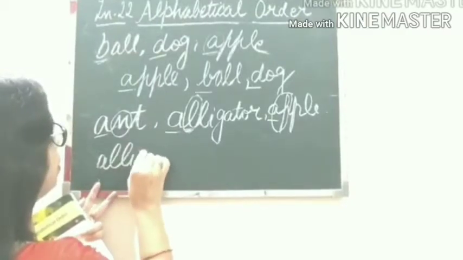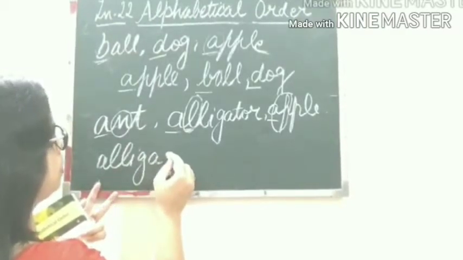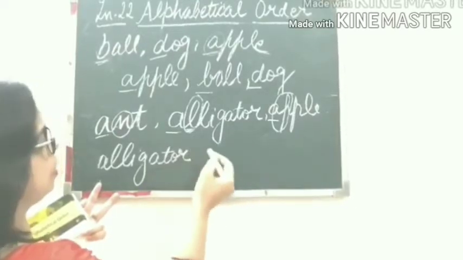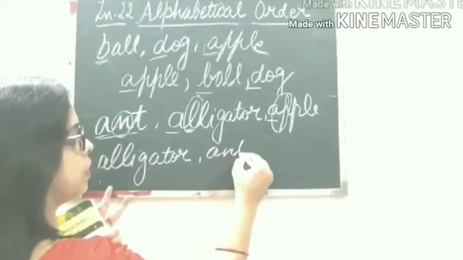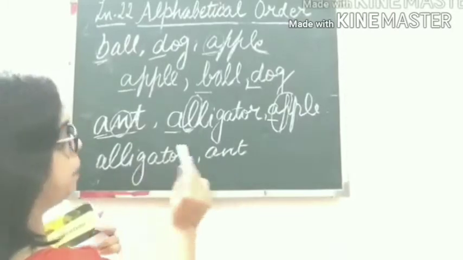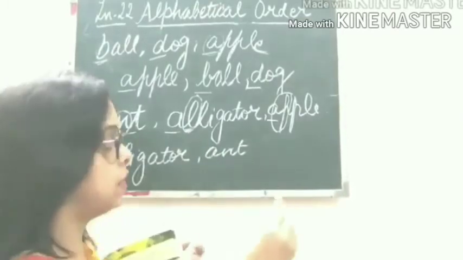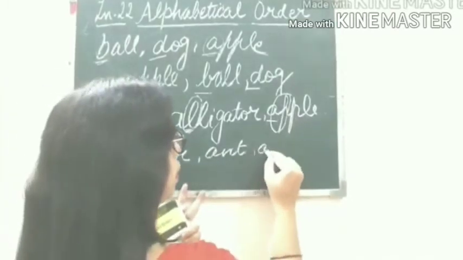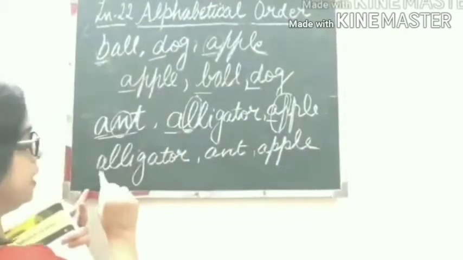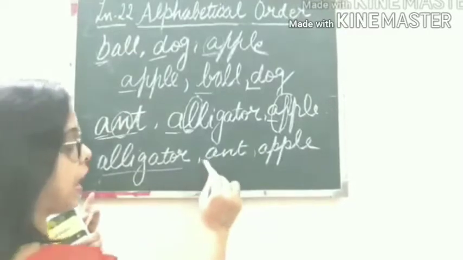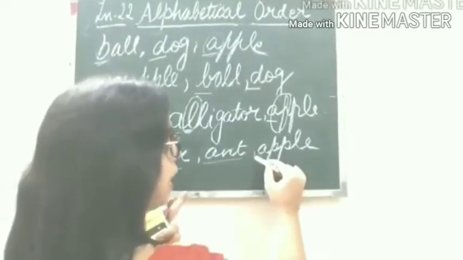So the first word will be alligator. L, M, N. Second is ant. L, M, N, O, P. Third one is P. So now you see, alligator will be the first word, ant will be the second word, and apple will be the third word.